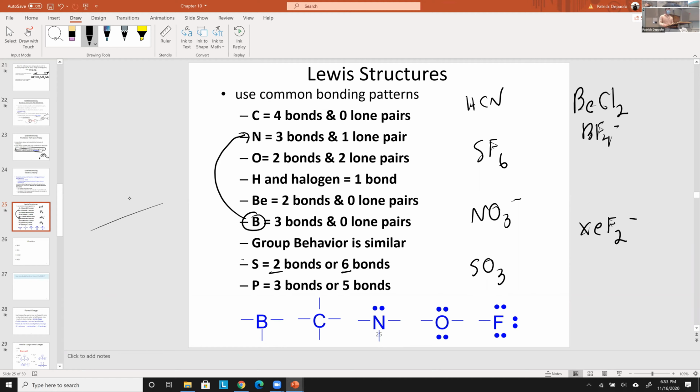It depends on the scenario, and with practice, on the homework and the extra credit, you'll be pretty good at it. So just bear with me. And then phosphorus, right underneath nitrogen. It likes to have 3 bonds most of the time, sometimes 5, but most of the time 3. Okay, any questions on that before we go over examples?